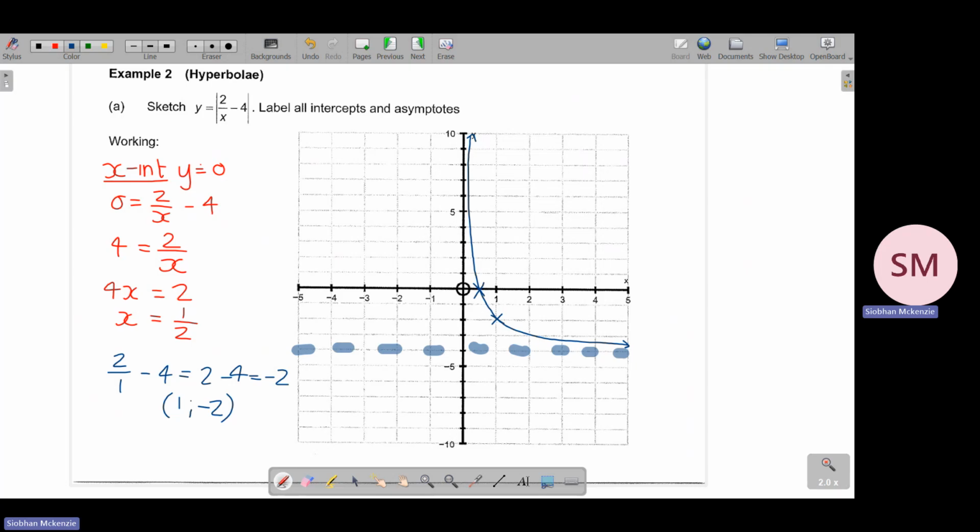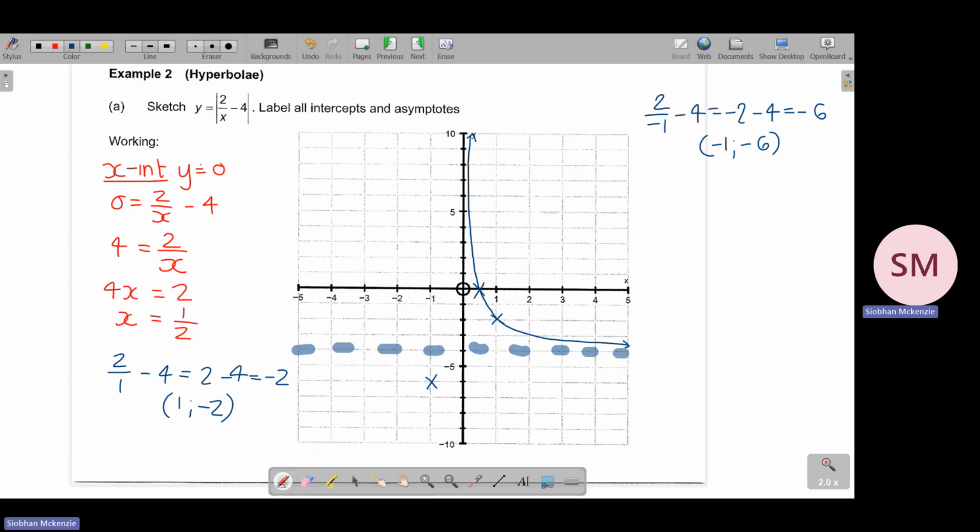But we know that there's two sides of the hyperbola. So let's get 2 points for this side. Should we see what it is at minus 1? 2 over minus 1 minus 4 gives you minus 2 minus 4, which is minus 6. So the point (-1, -6) is on this graph. Happy with my substitution?